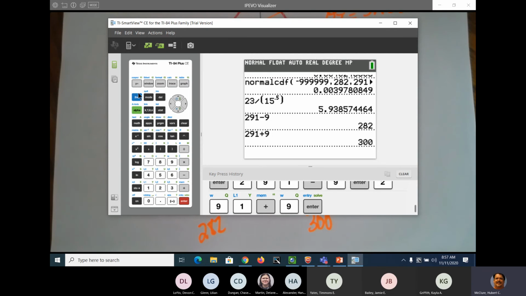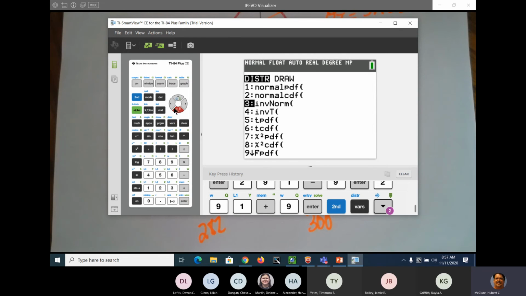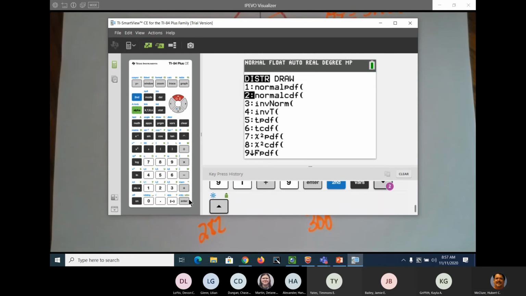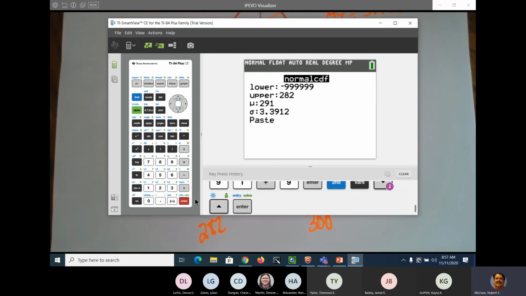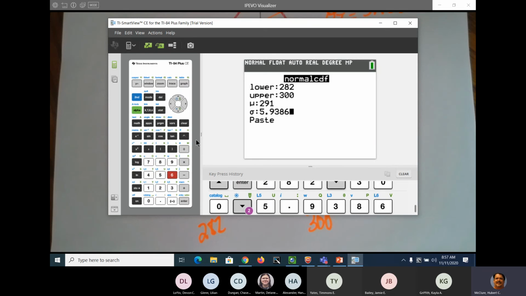So second, bars, normal CDF. I'm going to go from 282 to 300, mean 291, and my new standard deviation is 5.9386.